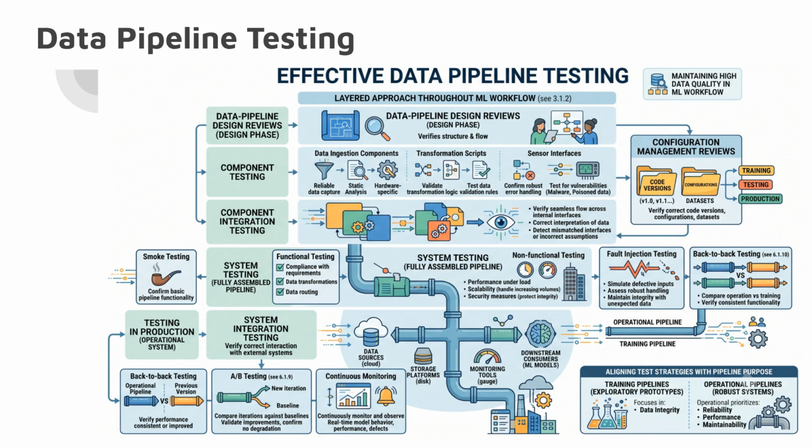This testing uses code reviews, static analysis, and hardware-specific tests to verify reliable data capture. Component tests validate data transformation logic, test the implementation of data validation rules, confirm robust error handling, and test for vulnerabilities that could be exploited to introduce malware or poison data.